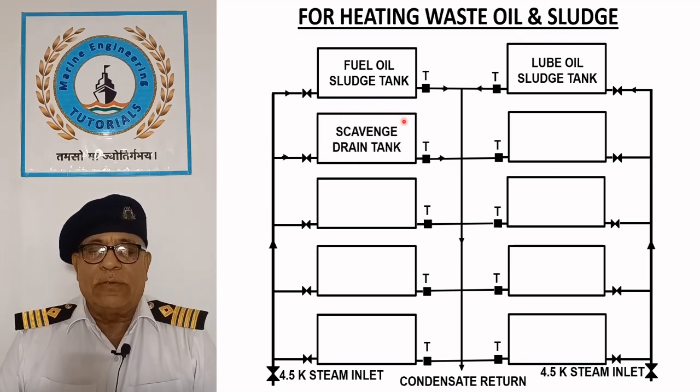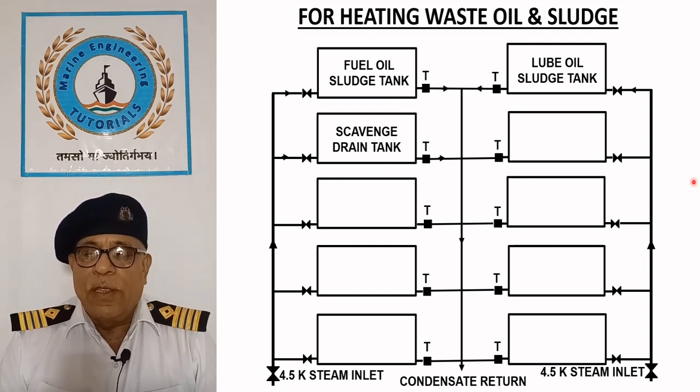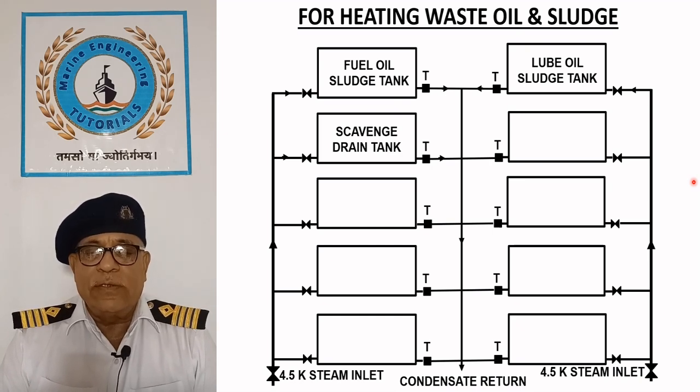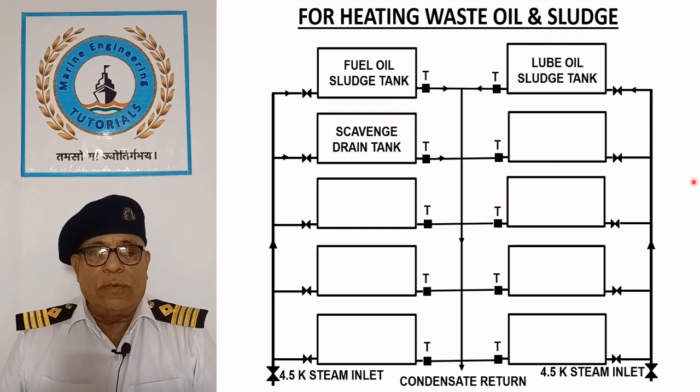Scavenge drain tank. Main engine blow-by particles mixed with used cylinder oil and collected in the scavenge drain tank are also heated to about 60 degrees Celsius before being transferred. Stuffing box drain tank.